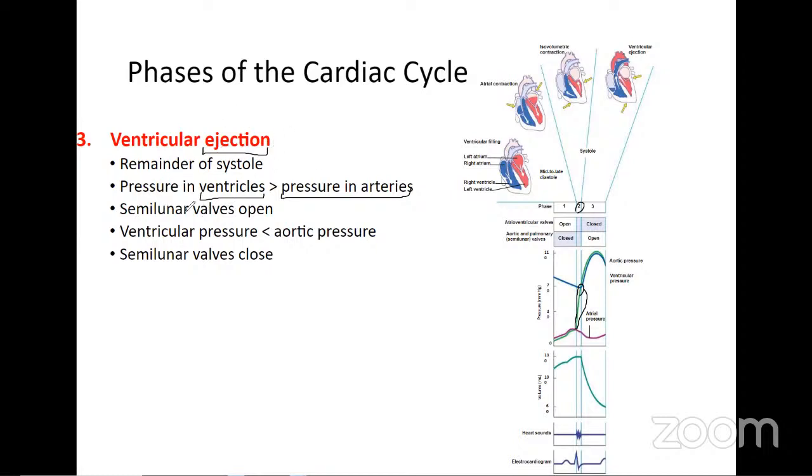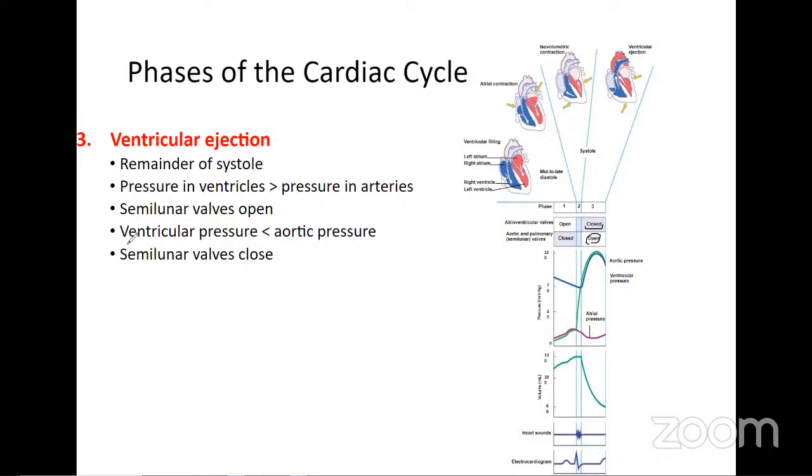For this to happen, we have to have our semilunar valves open in order for blood to flow into the arteries. The other thing that has to be true is that we need those AV valves to be closed, because otherwise the blood would be trying to go back into the atria, which are now at a lower pressure as we're squeezing the ventricles so hard.